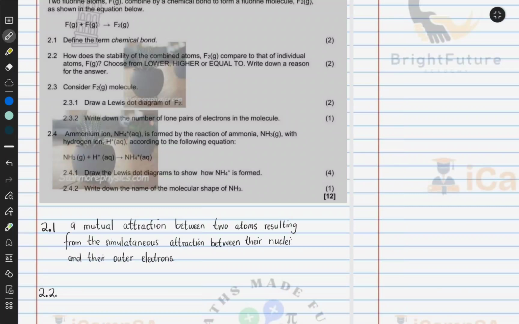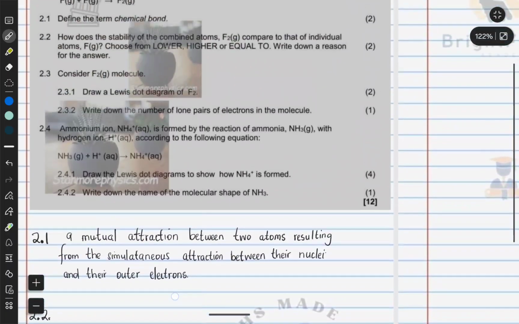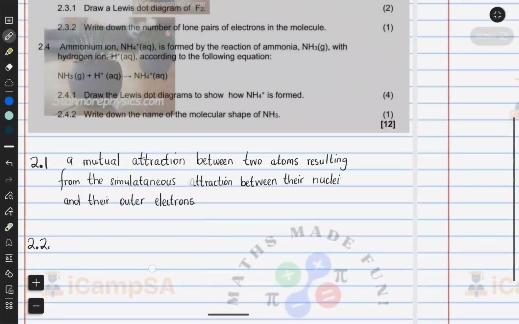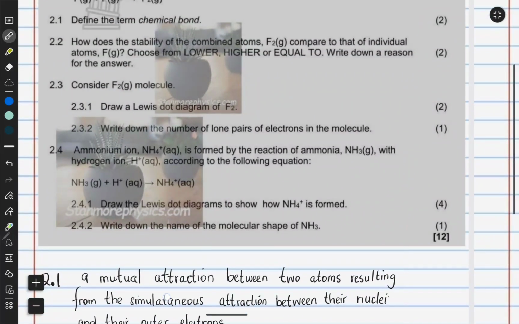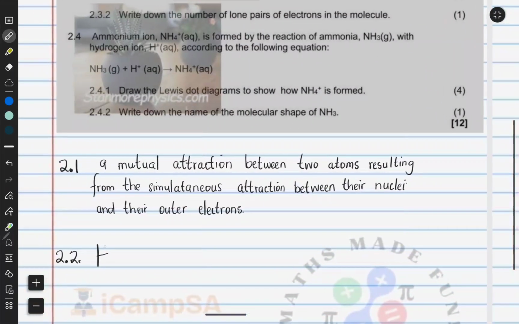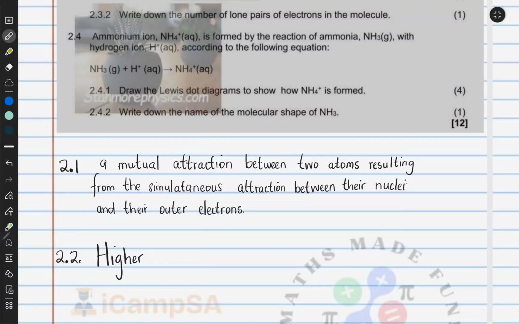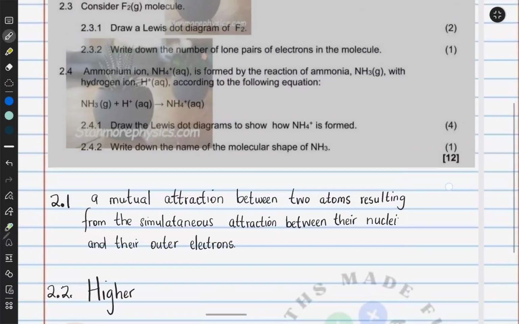So they are more stable when they are together than when they are individual atoms. Okay, so we can say higher. Yes, it's higher when they are together than when they are individual atoms.